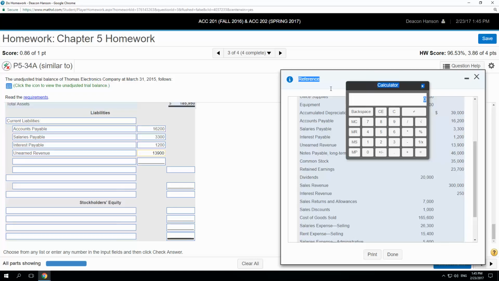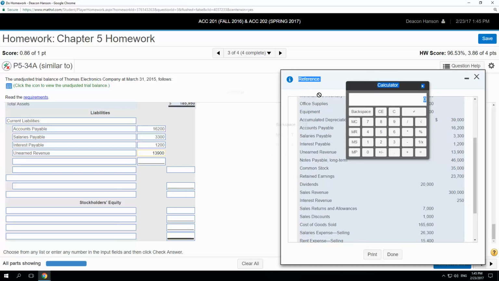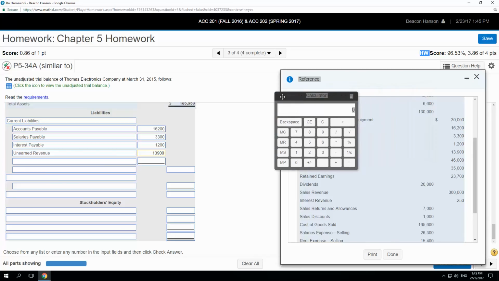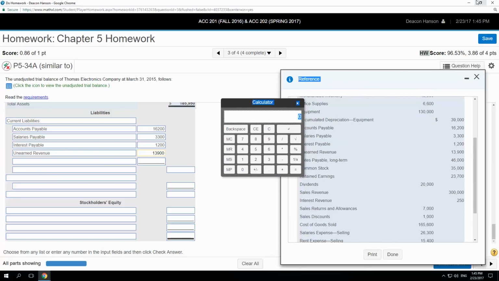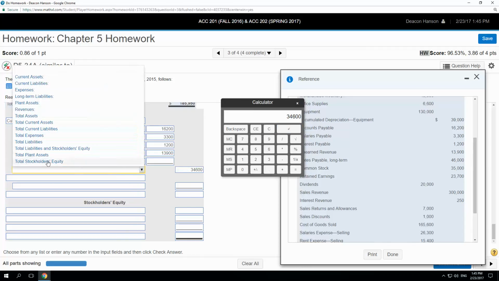I'm going to use my calculator if I can get a hold of it here. Okay, so 16,200. And that would give me my total current liabilities. Total current liabilities are 34,600.